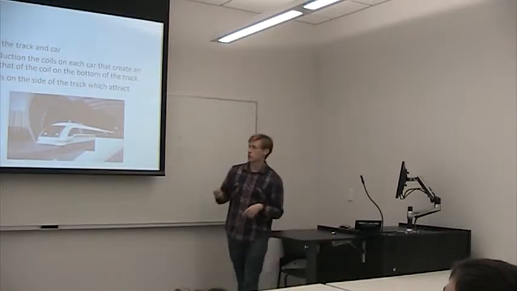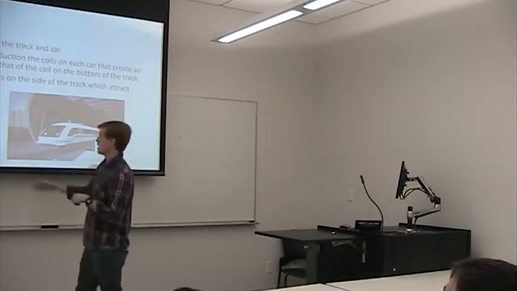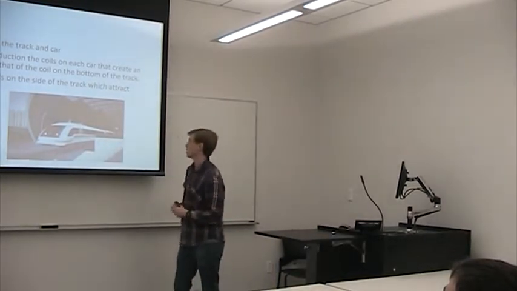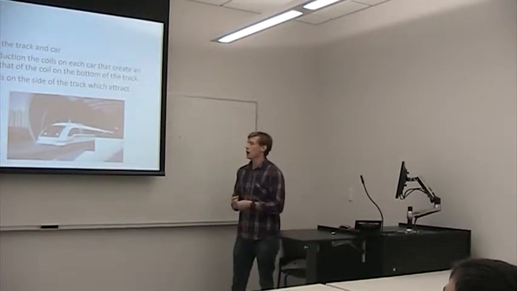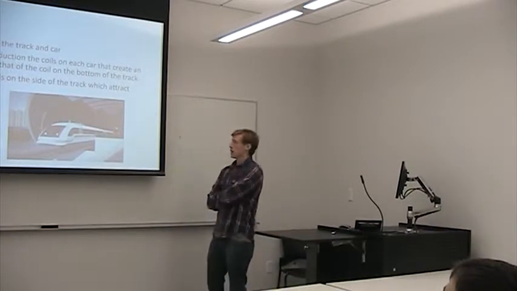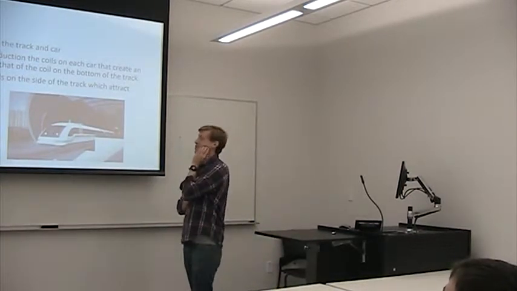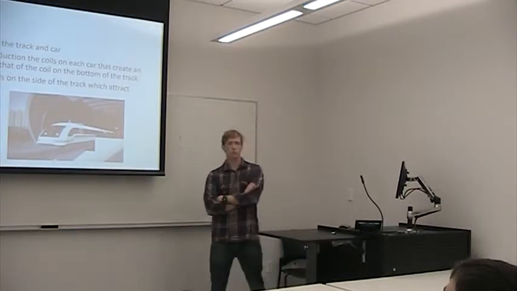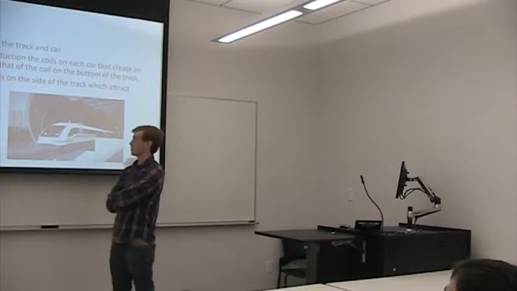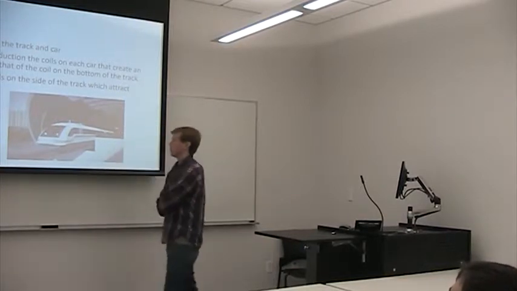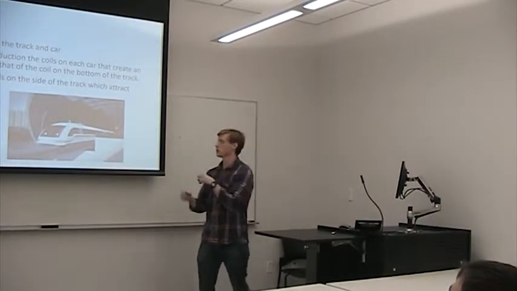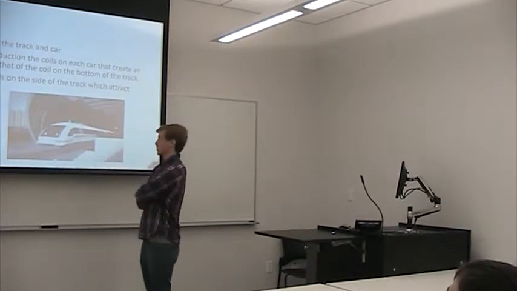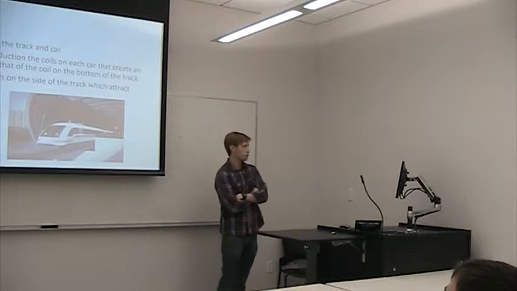And as you can see, there's coils in the track and on the train in this little wraparound section. And they work in a very interesting way because they're able to create both propulsion and levitation through the use of those concepts, those laws. They alternate the current going into each of those coils, which creates propulsion down the track.